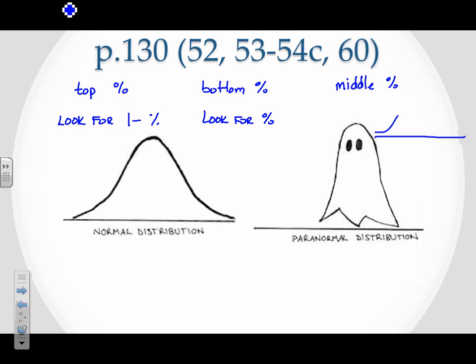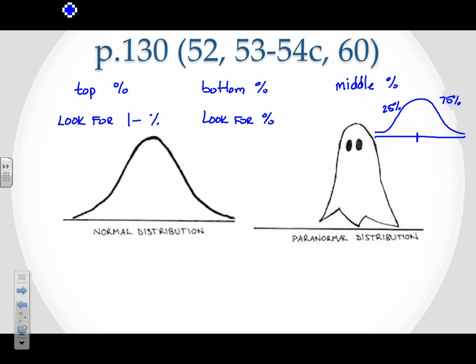Think about your distribution. My mean happens right in the middle, right? So if I want the middle 50%, how far do I want to reach in each direction of that mean? 25%, right? So that means I'd be looking for 75% for the higher boundary, and I'd be looking for 25% for the lower boundary.